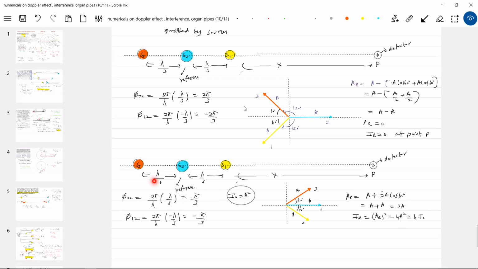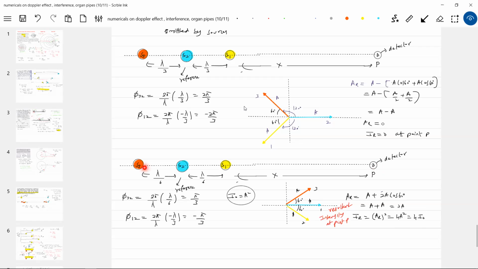If they're separated by distance lambda, tell me how much the intensity at point P will be. Anybody? If the separation is lambda, then the phase angle becomes 2 pi. Then A plus A plus A, 3A, squaring that gives 9 I naught. I'll get maximum intensity.